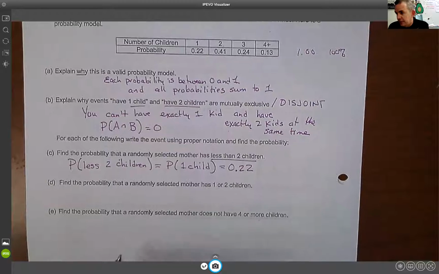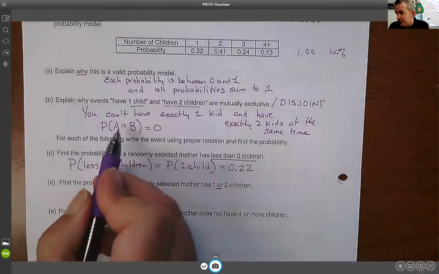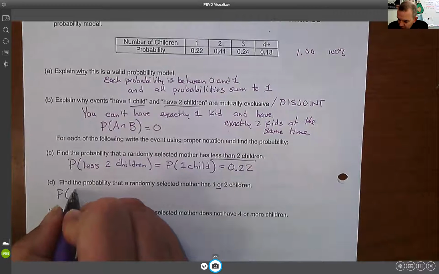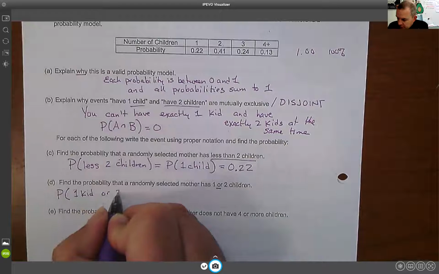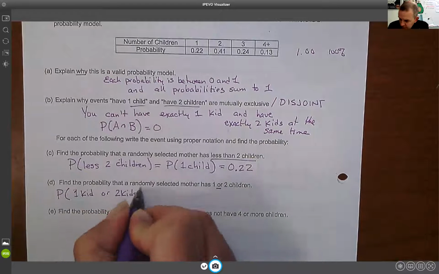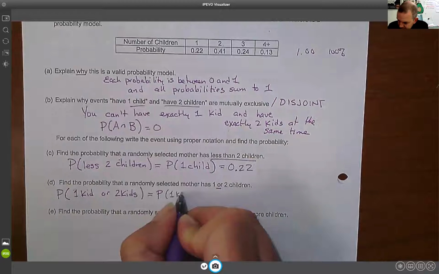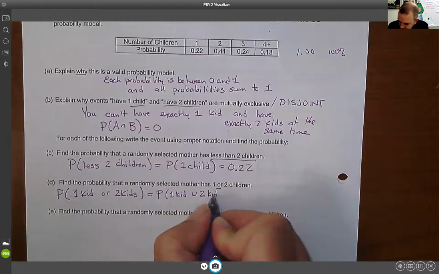Next one, find the probability that a randomly selected mother has 1 or 2 children. That's different than this and. That is saying the probability of having 1 kid or 2 kids. You'll oftentimes see it written like this, probability of 1 kid, and then we say the union, 2 kids.